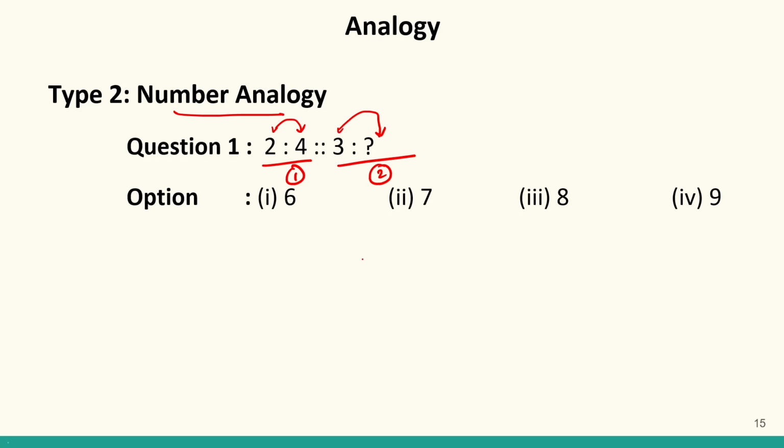Here, I can see the relationship is that if we multiply 2 by 2, I get 4, right? And if I multiply 3 by 2, I get 6. So my answer will be option number 1, 6. I am using the same logic, multiplying by 2 in both cases, to get my answer.